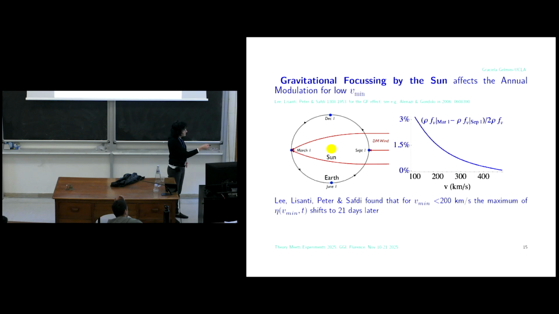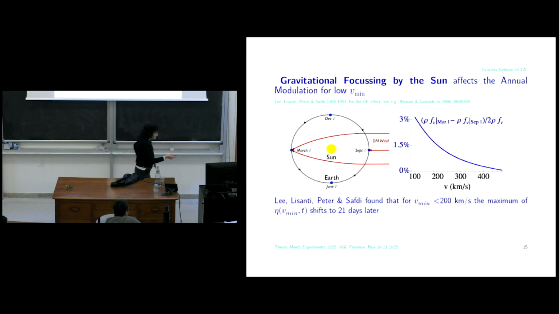But it's only about a few percent, and your annual modulation is also a few percent. So actually, Lisanti, Lee, Peter, and Safdi in 2013 made these calculations. The numbers they use are a little bit outdated, but it doesn't matter. The effect is still there.